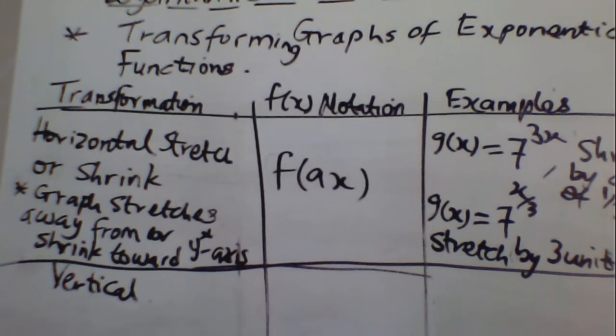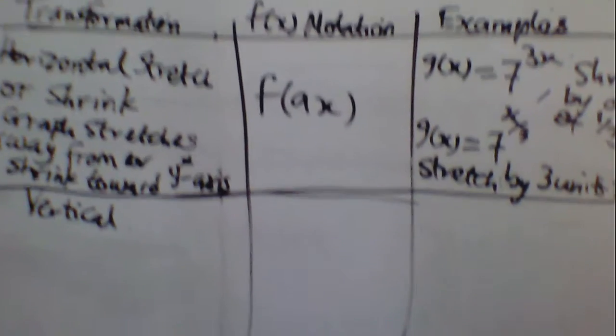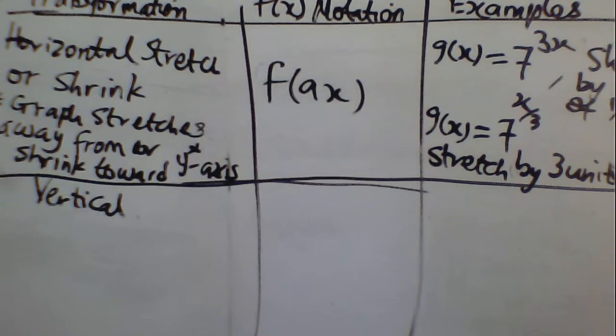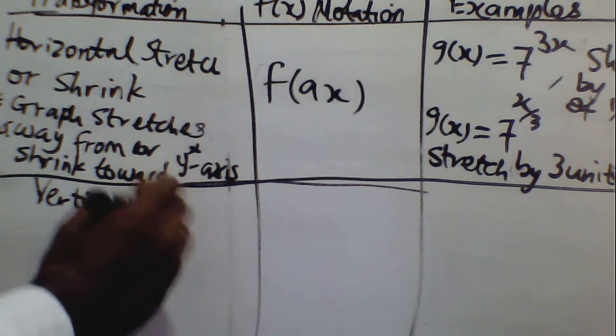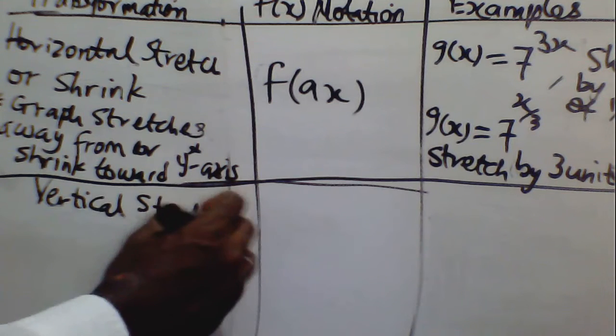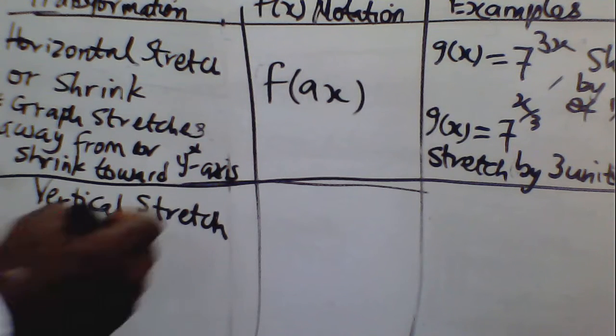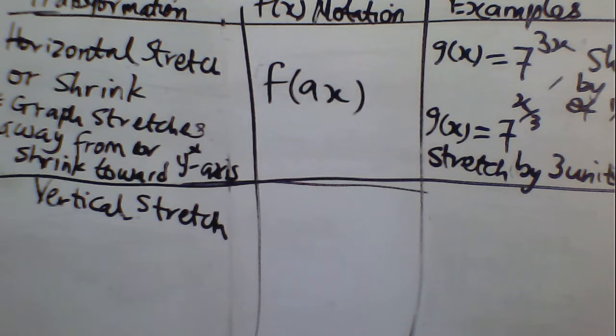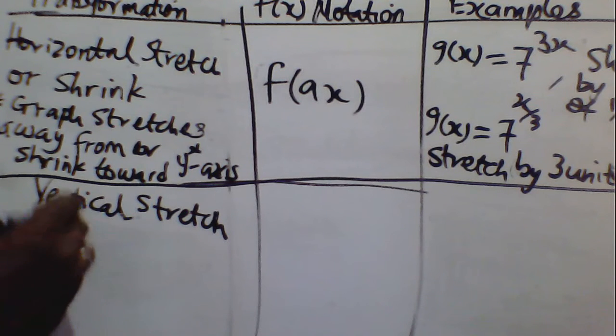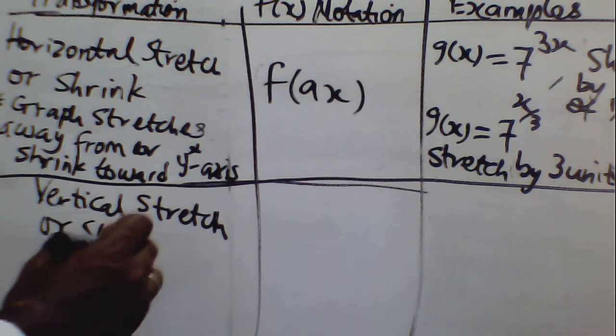So let's go for vertical. This table of values, you have to memorize them to enable you to solve problems involving all the properties of transformation of function. Vertical stretch or shrink.